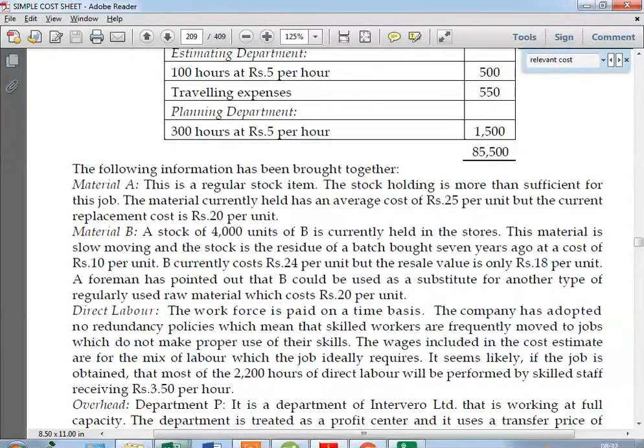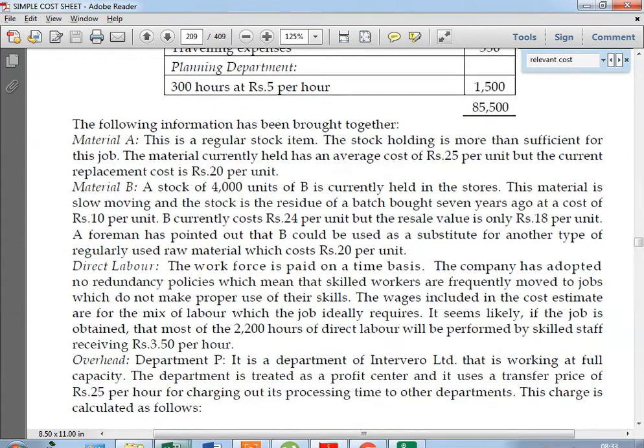This indicates that the workforce is idle. Full stop. They cannot be made redundant, and hence the relevant cost is nil.